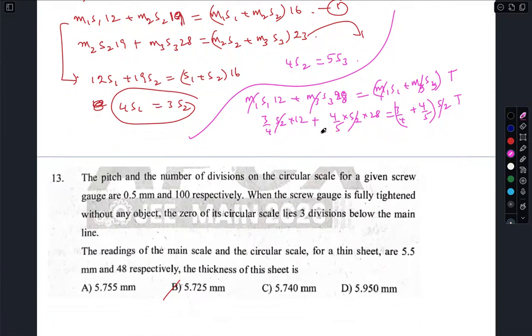By the way, this goes in 3 times. 4 3s are 12, 9, 5 is 45, 45 plus 4, a bigger number. You need to do the calculation part.